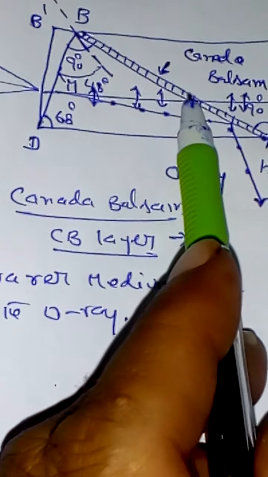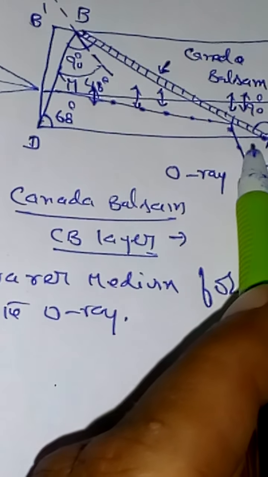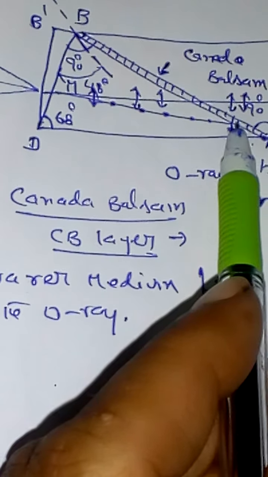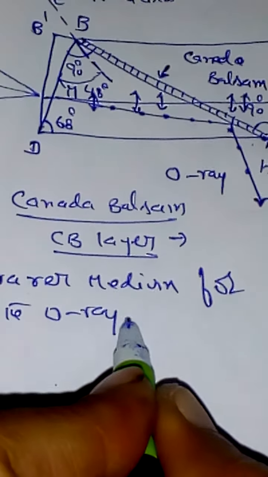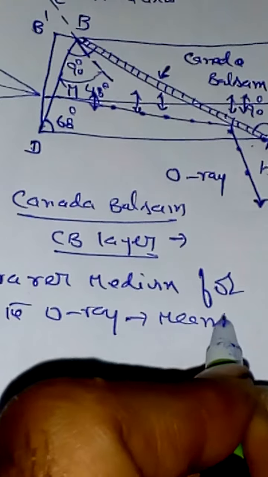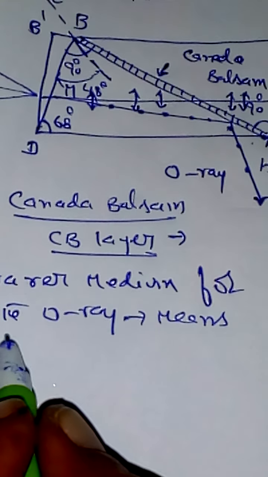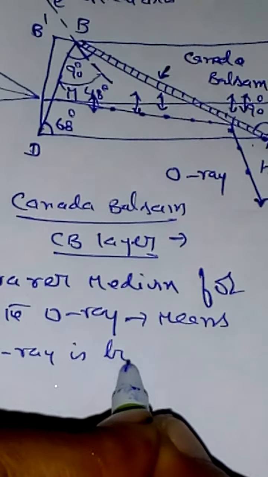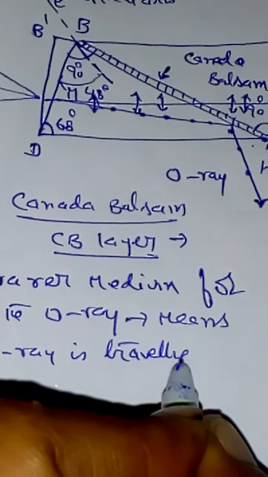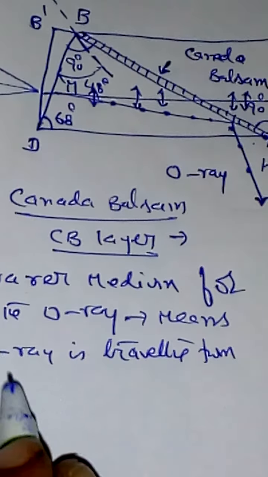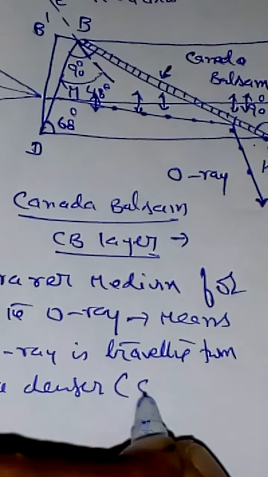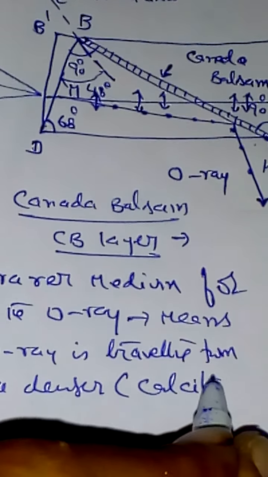Because this Canada balsam is a rarer medium for the ordinary ray, the ordinary ray is traveling from a denser to a rarer medium. What does it mean? It means the O ray is traveling from a denser medium. What is denser here? Calcite only.